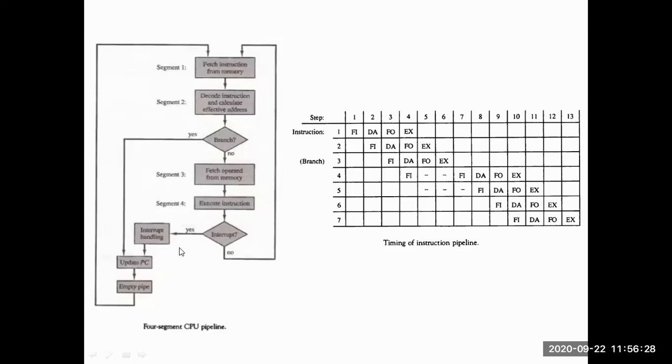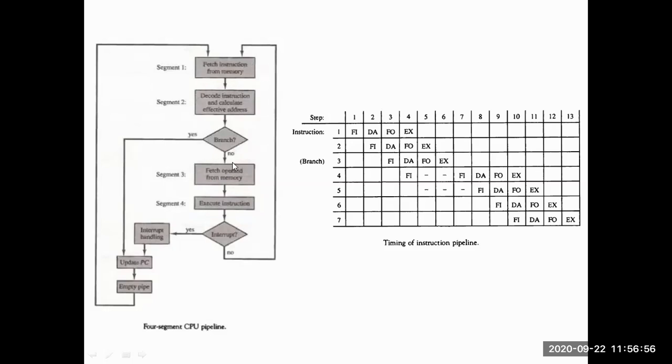We need to jump onto that interrupt, and the processor needs now to go to that interrupt. So if there is an interrupt, handling it will again update the PC, and the pipe should be emptied. So these two exceptions, branching and interrupt, may change the sequence of the working of the pipe.